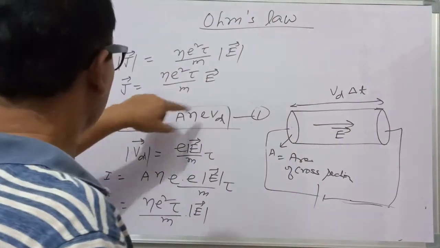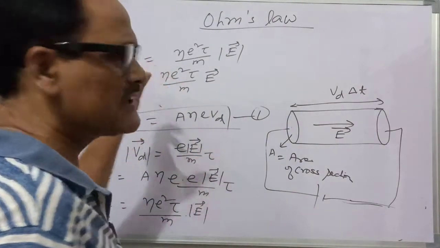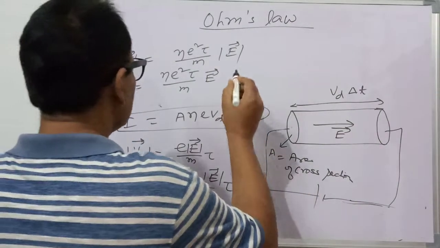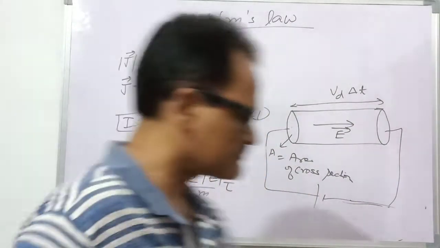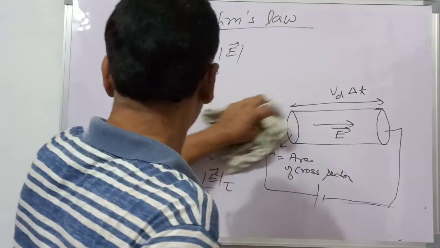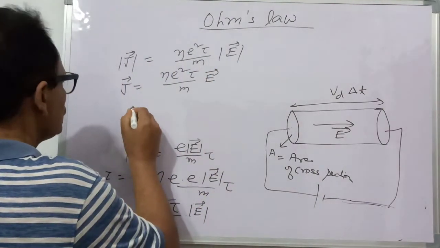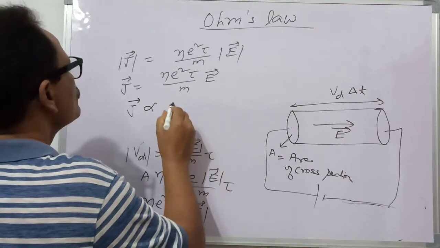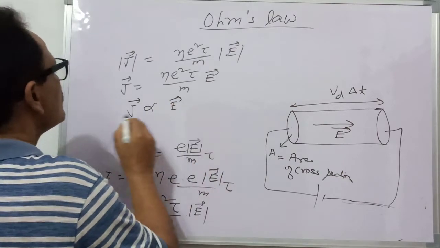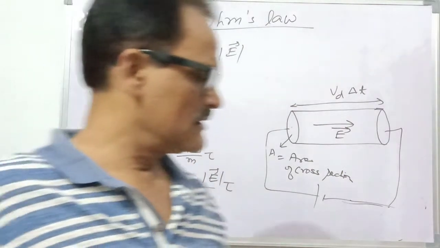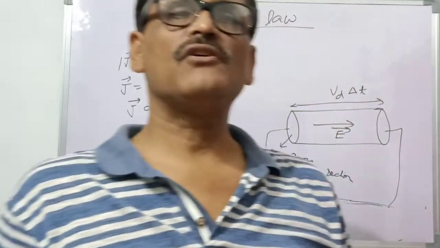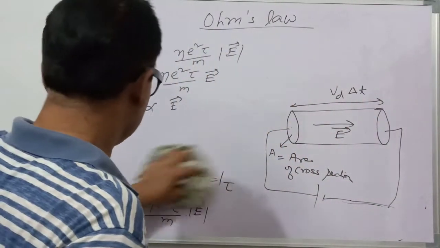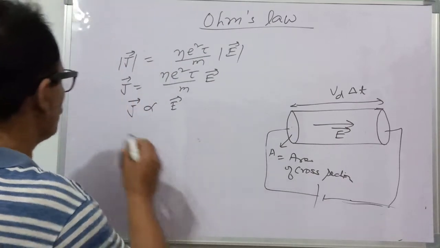Thus we can say that this is constant at a particular temperature for a given conductor, and thus this J is directly proportional to E, and this is the vector form of Ohm's law.